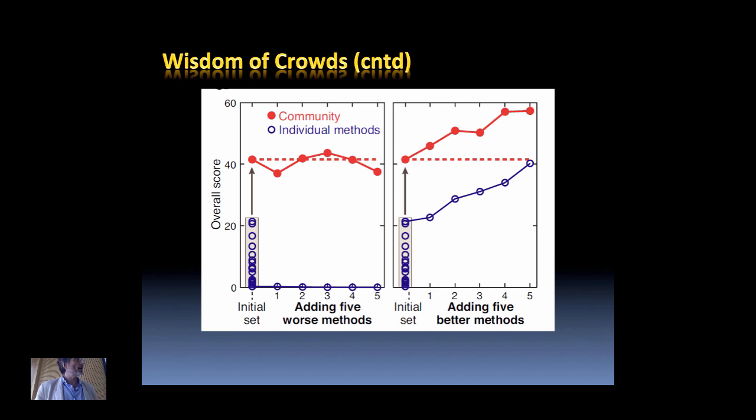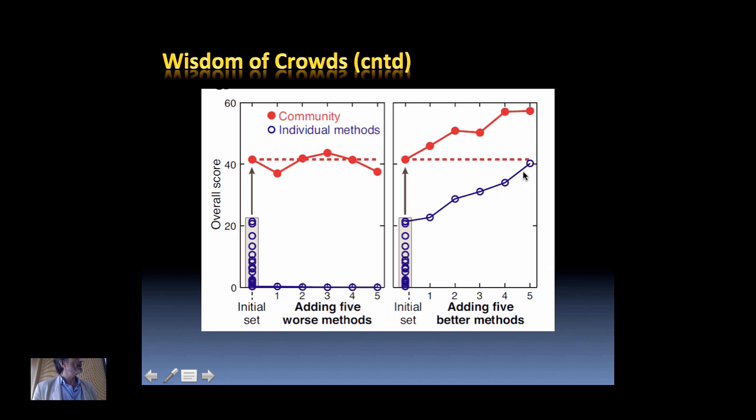You will lose accuracy. Now, suppose that the initial set is the 25 worst methods. You aggregate them by average rank, and you get this boost. Now you start to aggregate the best from there.